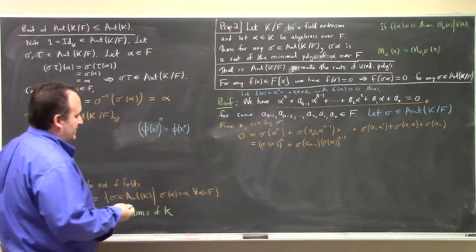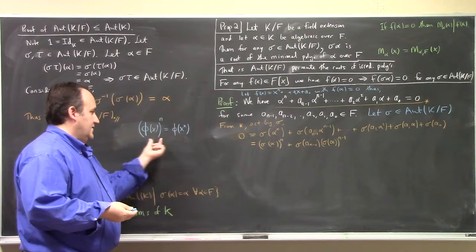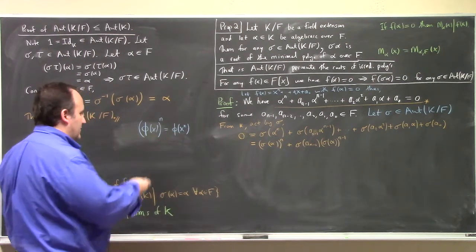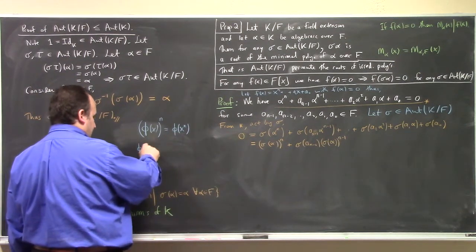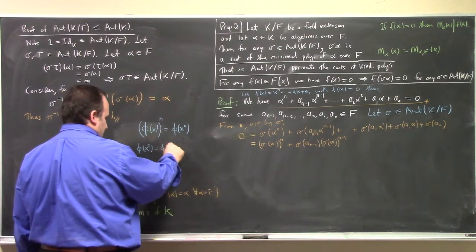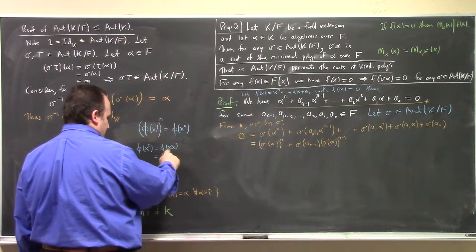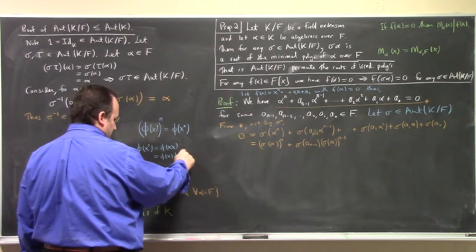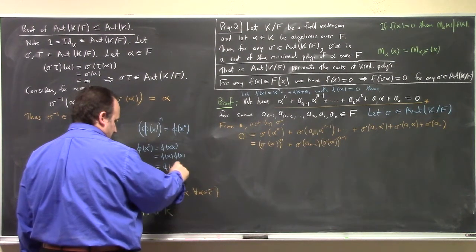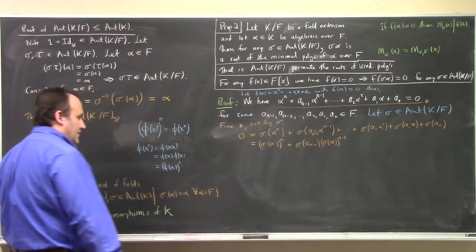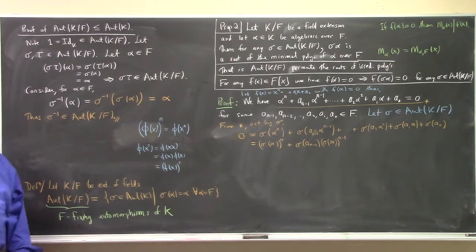Although I'm using it backwards, so this is equal to that. Because, for example, phi of x squared is phi of xx, which is phi of x squared. And then you can inductively extend that. We did this the other day.